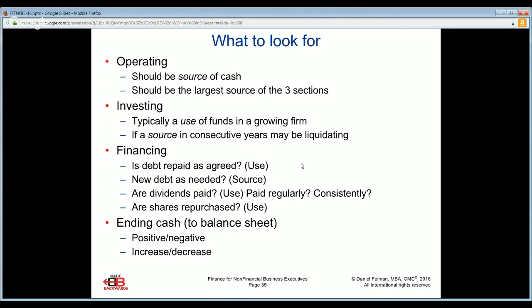And the final point here is, on the ending cash, is it positive or negative? So the ending cash for the year, is it increasing the cash in the organization, which is generally what we'd like to see, or is the amount of cash in the organization being reduced, and why?